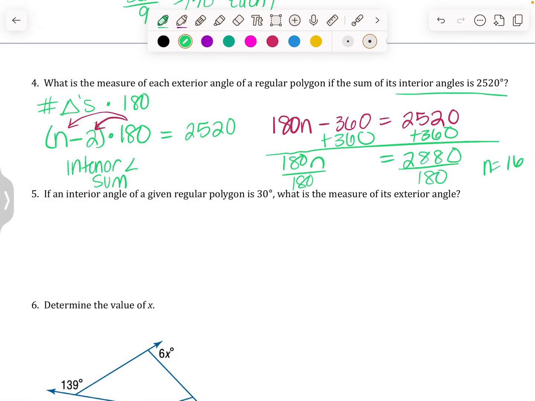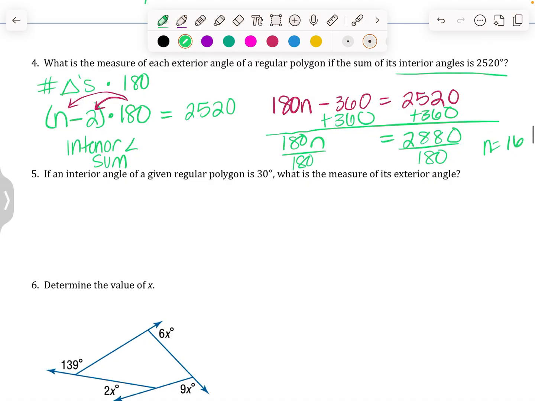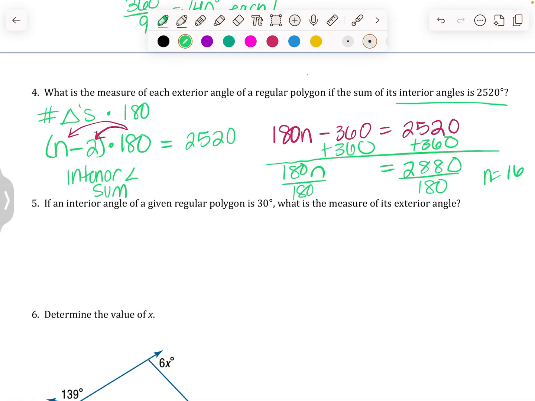Remember, anything over 10 sides is just called a 16-gon. What is the measure of each exterior angle? So we had to figure out how many sides it had. Now we can figure out what the measure of each exterior angle is.